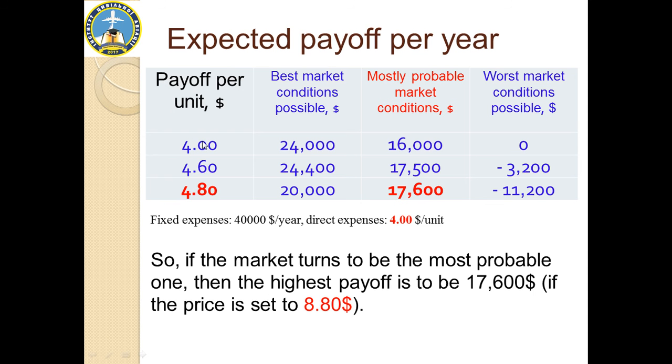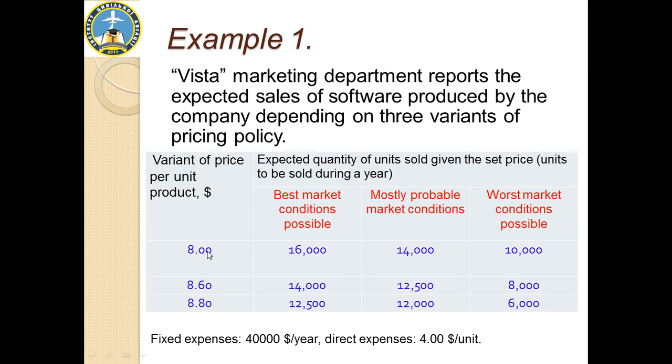So the unit price, the payoff, it's actually the profit. So it's the price minus direct expenses of $4 per unit. So the payoff is price minus direct expenses.